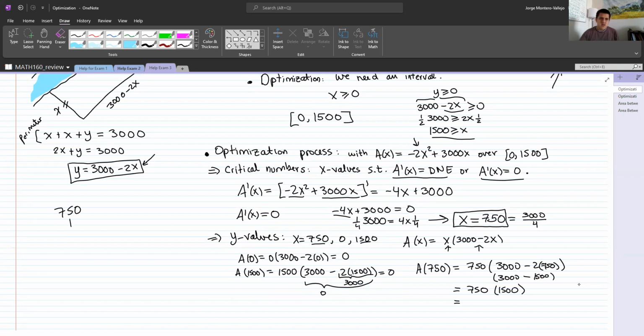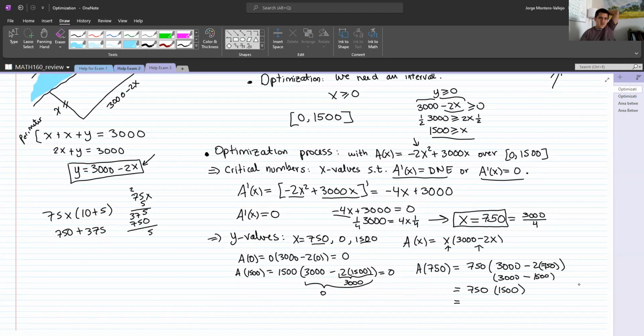75 times 15. Let's see, you can see 15 as 10 plus 5. So that then gives you 750, and then plus 75 times 5, that is 375. Right, now you need to add 750 to that.